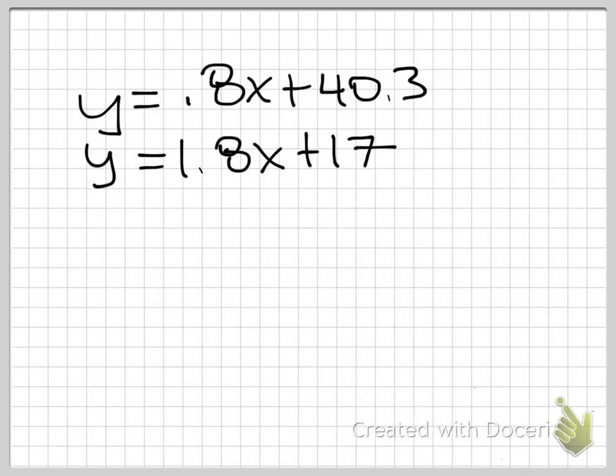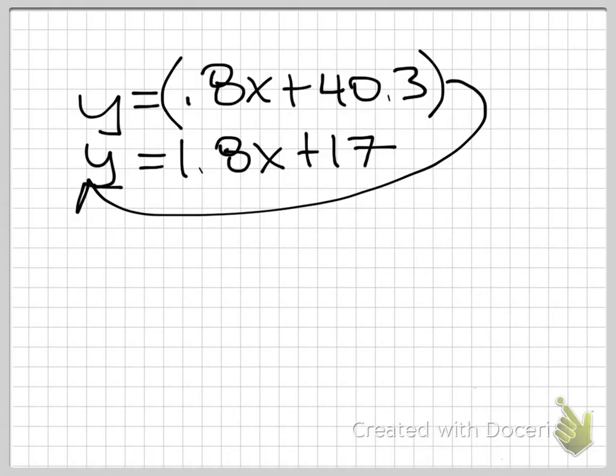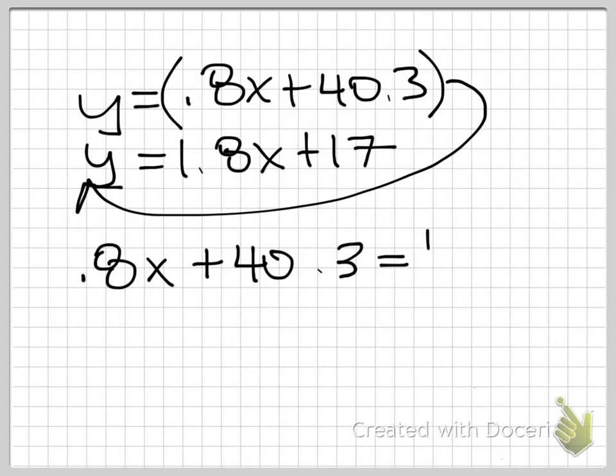So it doesn't matter which one you take, since they're both equal to y, and you take the first equation and substitute it in for y into the second equation, if that's what you want to do, or vice versa. But what's going to end up happening is you're going to end up having the equations equal each other, and then you're going to solve for x.